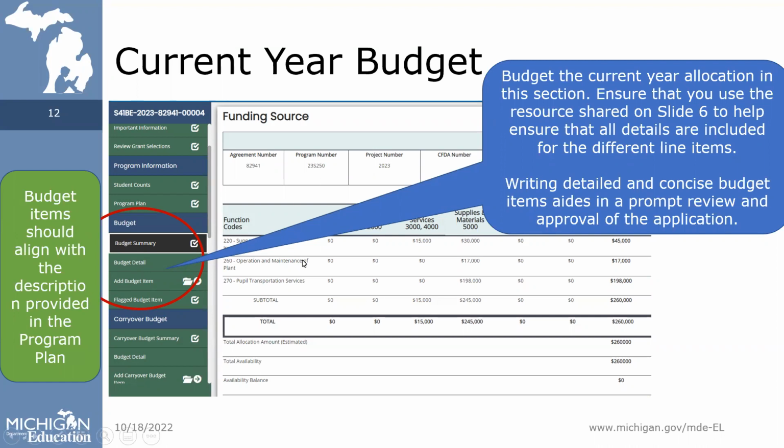The other half of the reasons we have to send applications back is because we have incorrect function codes or the descriptions are lacking detail. So use that cheat sheet that's created for you to help ensure that you have all the components that are required for each of the line items.